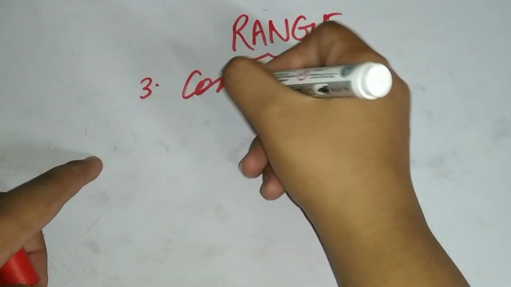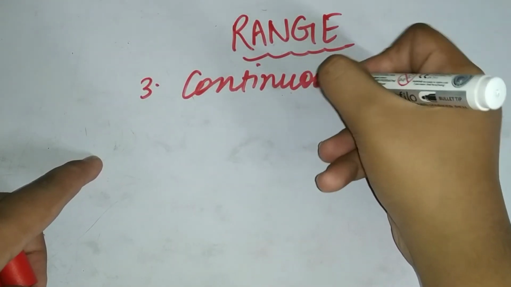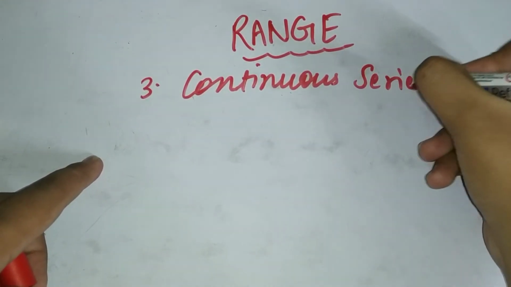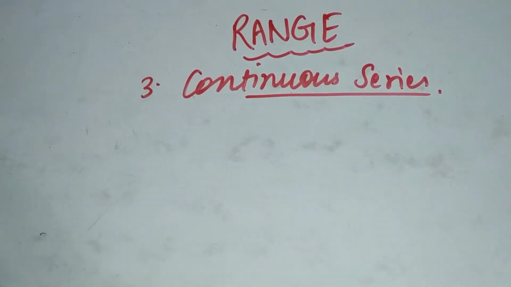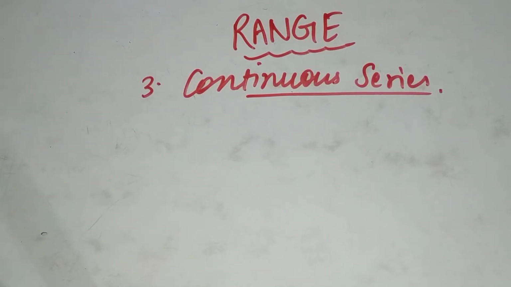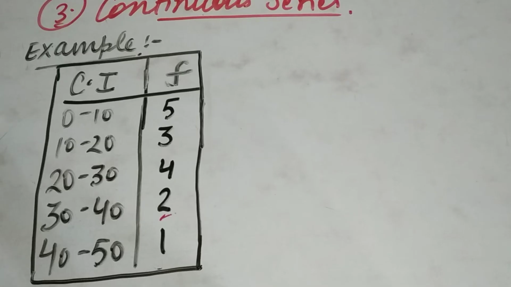The third type of series is continuous series, in which class interval or grouped data is given. But the formula is the same and the solving part of the question is also the same. Let's take a very simple example to clarify. Now calculate the value of range in case of continuous series.